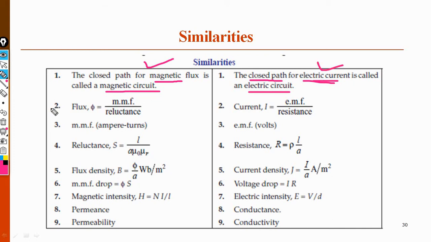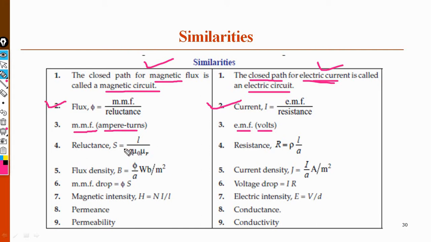Then the second point is flux, that is phi is equal to mmf upon reluctance. Then current I is equal to emf upon resistance. These two things are very important in the electric circuit and magnetic circuit. The magnetic circuit depends on mmf, which is measured in ampere turns, and in the electric circuit emf is very important, which is measured in volts.